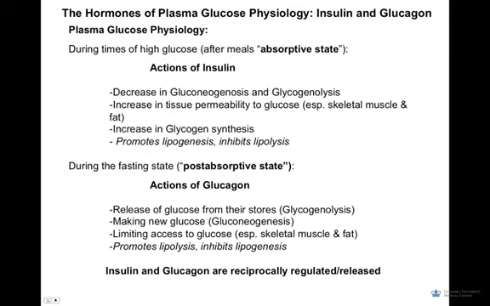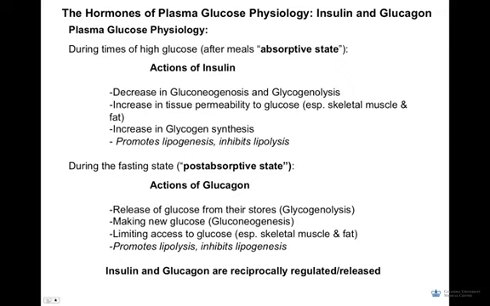And then glucagon is the hormone of the fasting state, or the post-absorptive state. Glucagon is the hormone that stimulates the enzymes for glycogenolysis. Glucagon stimulates the enzymes needed for gluconeogenesis. The presence of glucagon and the drop in insulin is what causes these GLUT4 receptors to get retracted from the membrane, and so skeletal muscle, fat, and the liver can't take up glucose anymore.